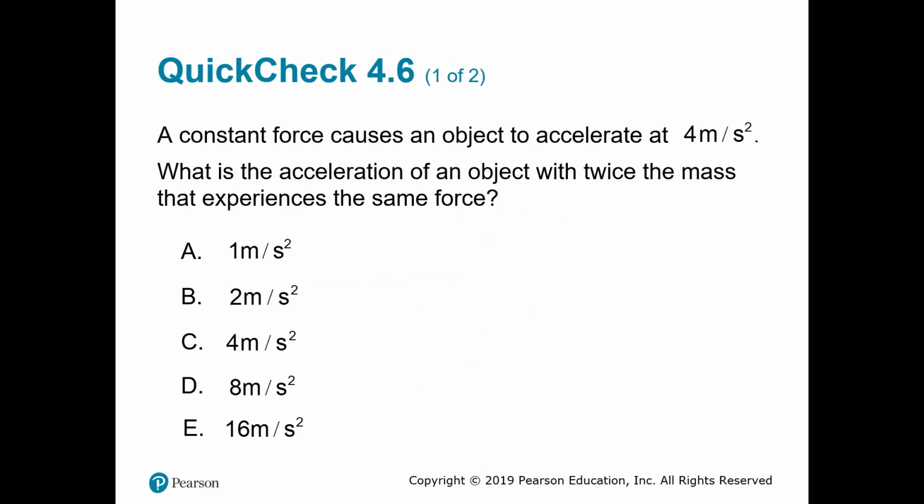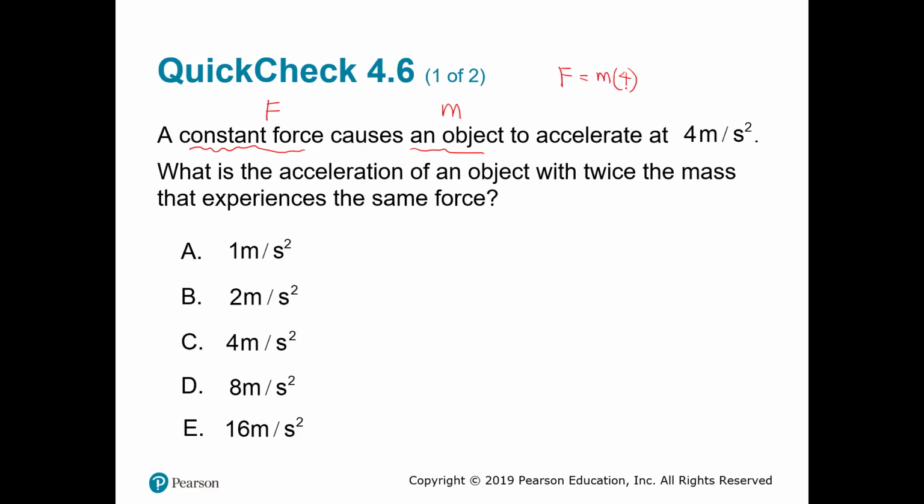So first question: you have a constant force that causes an object to accelerate 4 meters per second squared, right? So let's call F the constant force, and the object's mass is m. Then you can simply have the relationship F equals m times a.